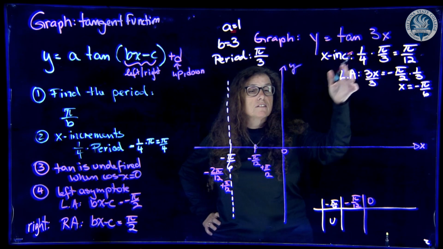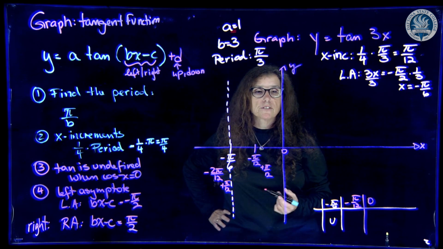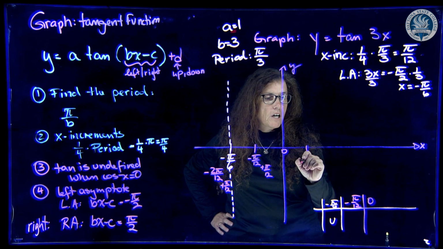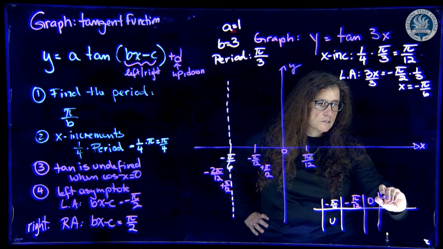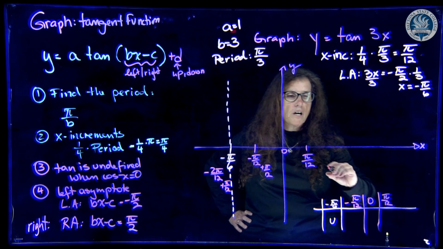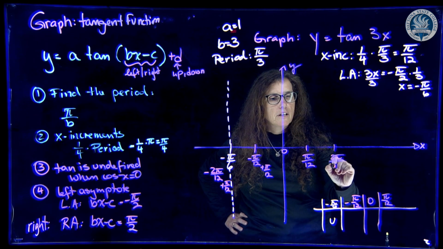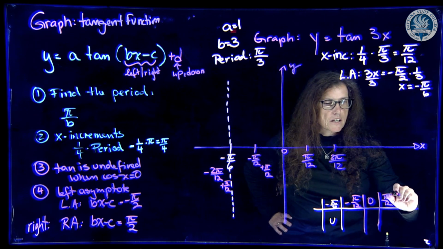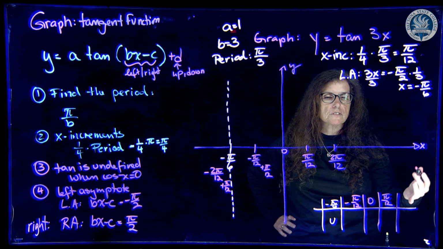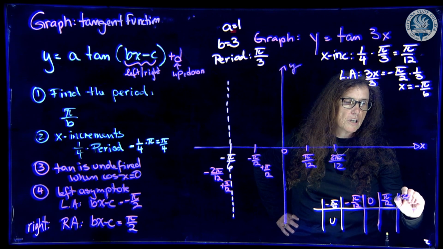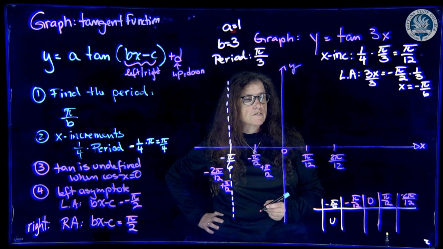And it makes sense that it goes through the origin again because we have no shifting to the left or right going on. We add pi over 12, that's pi over 12, plus pi over 12, which is 2 pi over 12. And I'll show you in a second that this is our right asymptote. You can either reduce it, I usually don't, so 2 pi over 12, which is pi over 6.